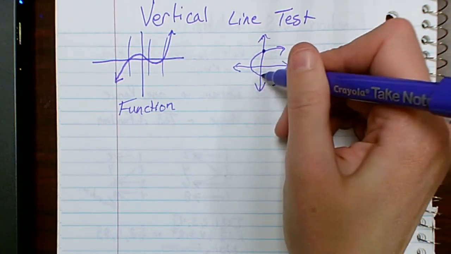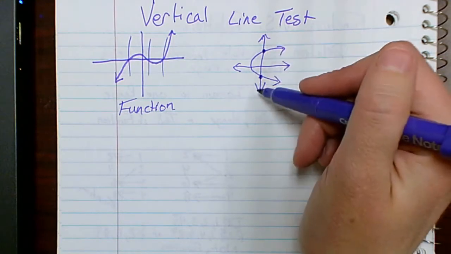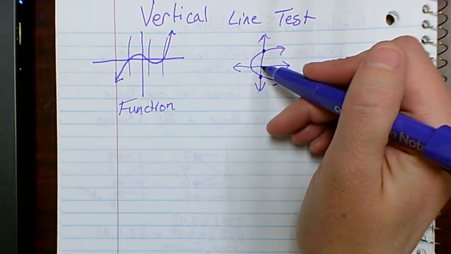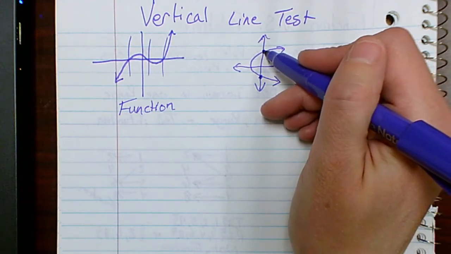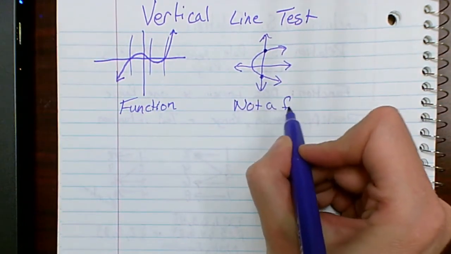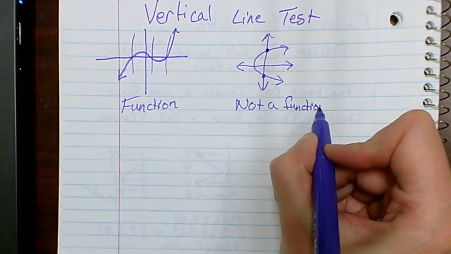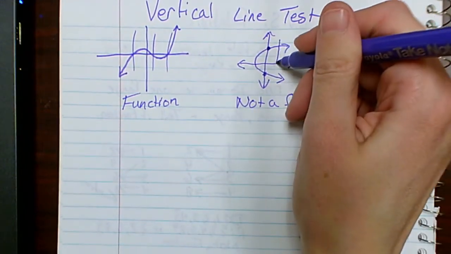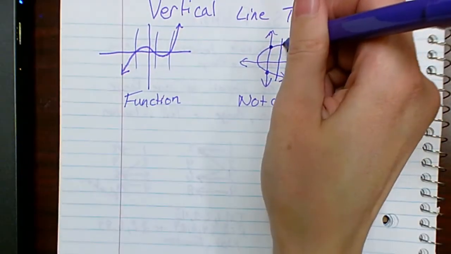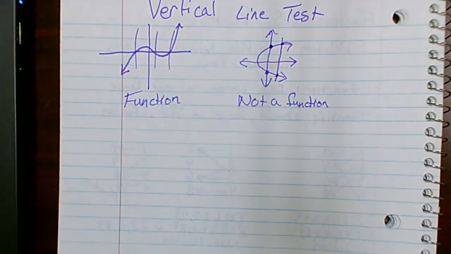So if you look here at the y-axis, we have 2 points. At x is 0, we have it going to this point and this point. So this is not a function because I can draw one vertical line through my graph where it will hit more than 1 point. And that's not a function.